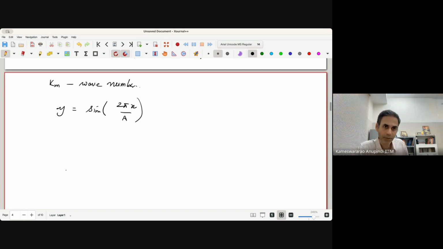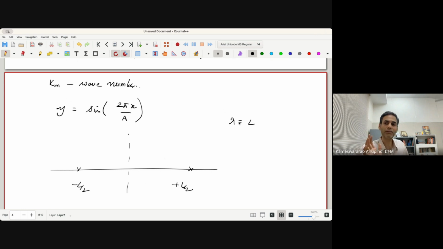Let us say we have a domain of length L, so this is minus L by 2 to plus L by 2. Essentially I have this sine function. Let us say my lambda equals L. That means this function has a wavelength of L. Then my profile, this function y, is going to look something like this.